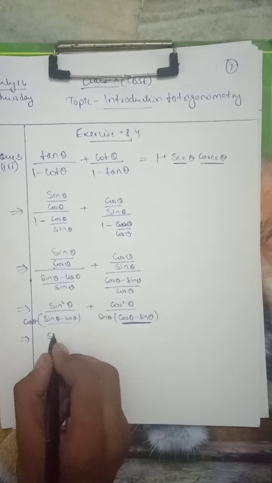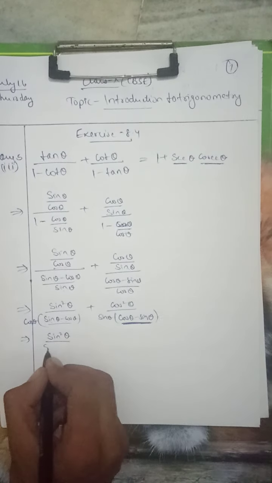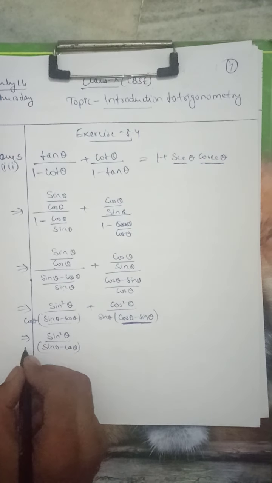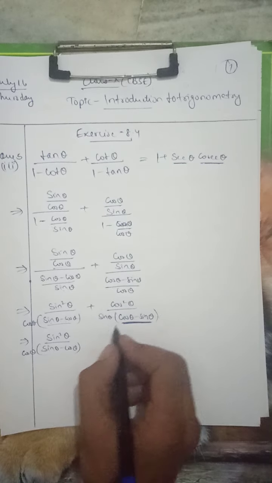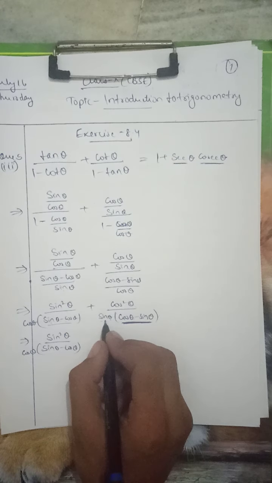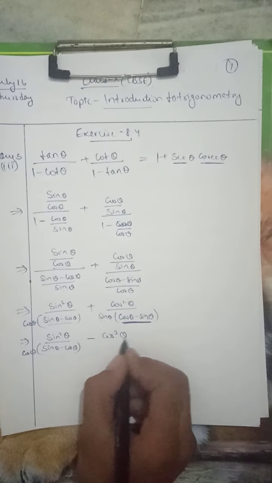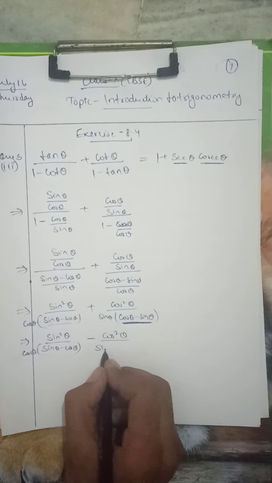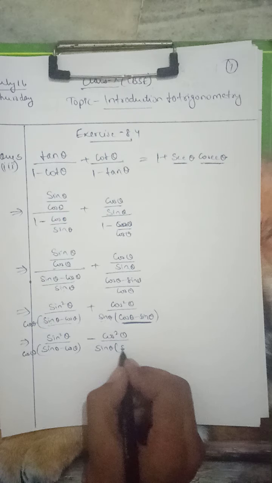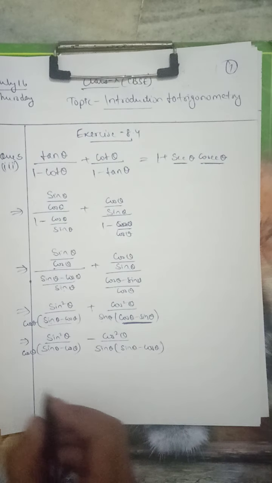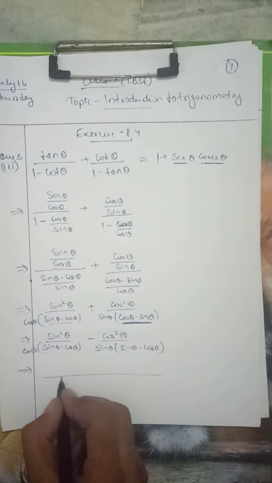What will you get? Sine square theta upon sine theta minus cos theta in the bracket, along with cos theta. When I take minus common, this minus will shift here, so it will be minus cos square theta upon sine theta into, now sine will become positive, minus cos theta. Take the LCM, what will you get?